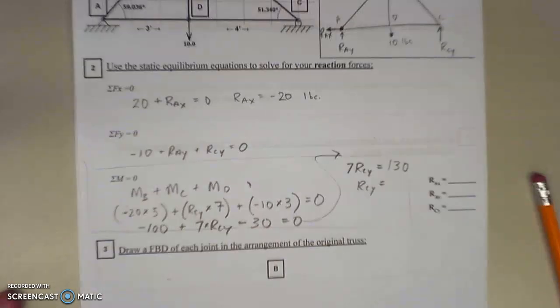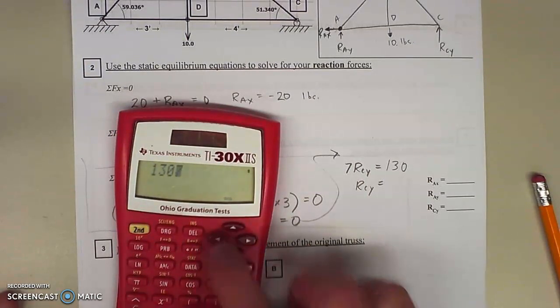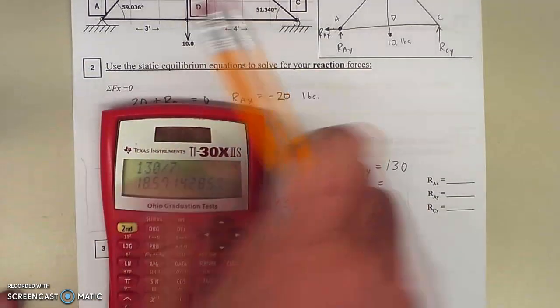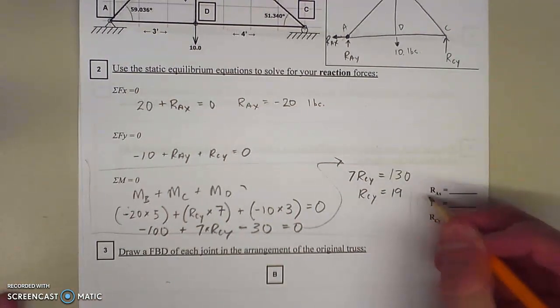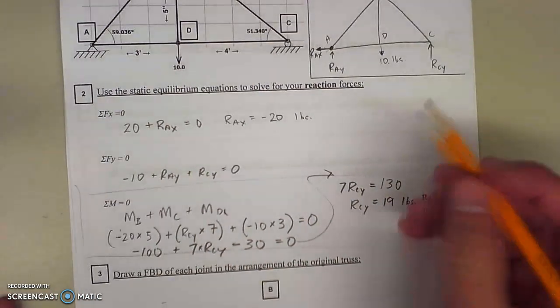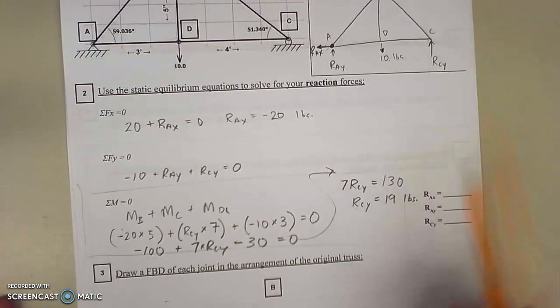RCY is equal to 130 divided by 7. 18.6. Let's just call it 19 pounds. We love to round. 19 pounds. So RCY is 19, and that's in moment mode.